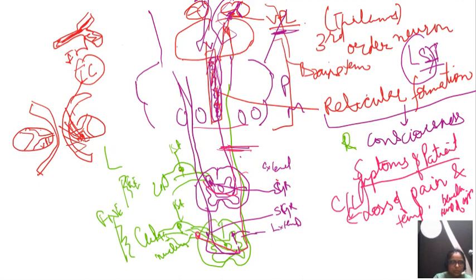Let's take a new slide. Your lateral spinothalamic tract is complete, but I just have to add one point only. See, we are studying this, right?